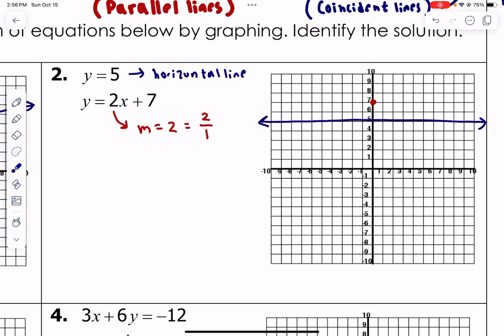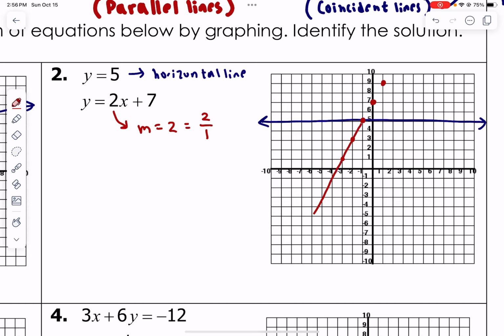That is a very helpful way of thinking about this equation whenever you're graphing it on the coordinate plane. So from a y-intercept of 7, I go up 2, and then 1 to the right. And if you wanted to backtrack, you go down 2, 1 to the left, down 2, 1 to the left, and you can keep on going.